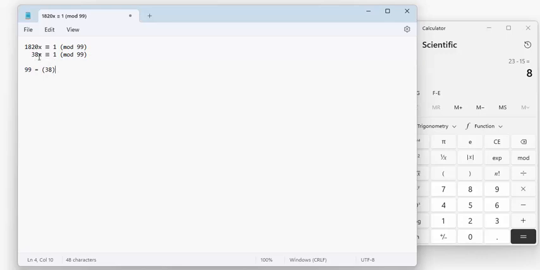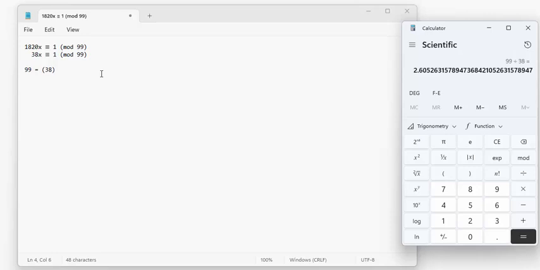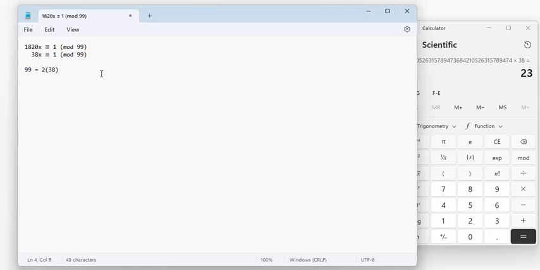Now the number becomes the mod, and the mod becomes the number, because the mod is now larger. Adding a remainder. So, 99 divided by 38 is 2. Then the remainder is, subtract 2 multiplied by 38, we get 23. So this is 2, remainder is 23.